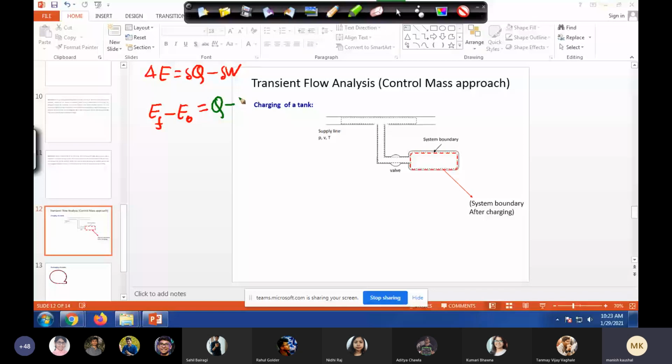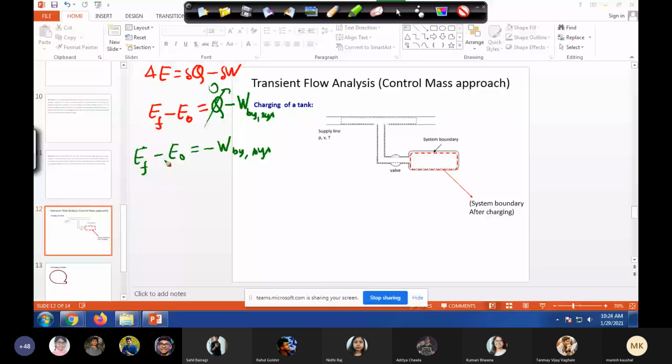And for Q to the system, as someone said, there is no heat transfer, so Q is 0. So we have simply minus W by system, which we have already identified, is EF minus E naught. So our remaining work is to find what is EF and what is E naught.